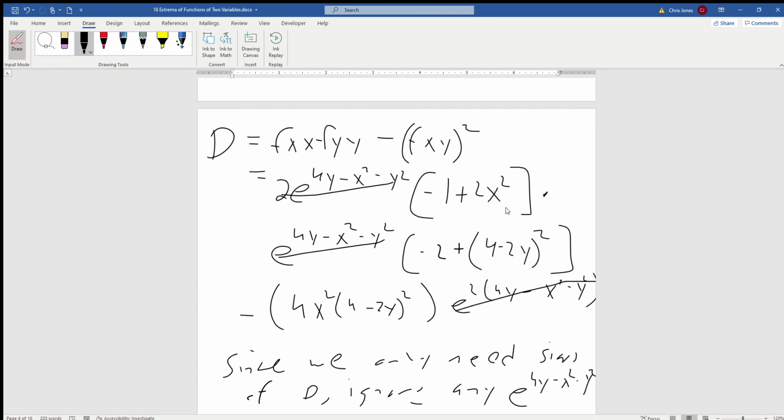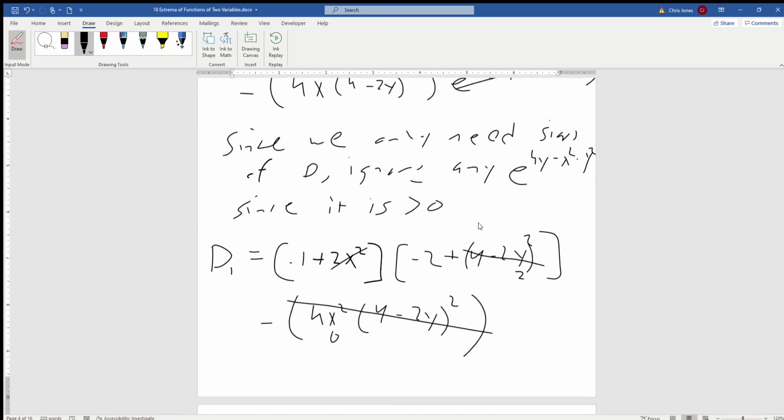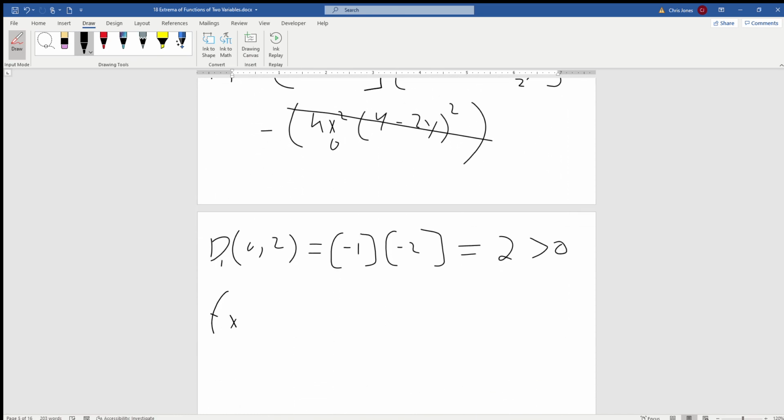Now, when we substitute back in for fxx, and fxx is way back here, notice that if we substitute back in this value, and again, we don't care about this because this is always bigger than 0, so if we substitute back in for negative 1 plus 2x squared, I'm going to call it fxx1, just because it's not really fxx, that's going to be negative 1 plus 2 times 0 squared, which is negative 1, which is less than 0.